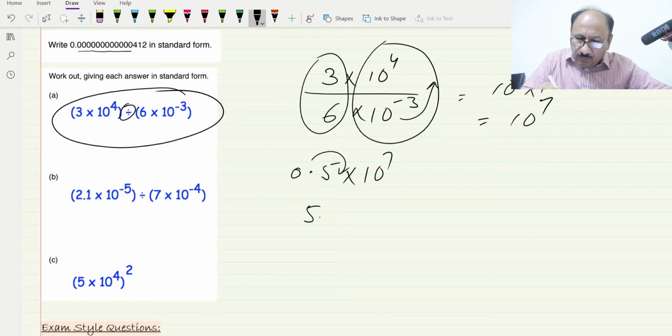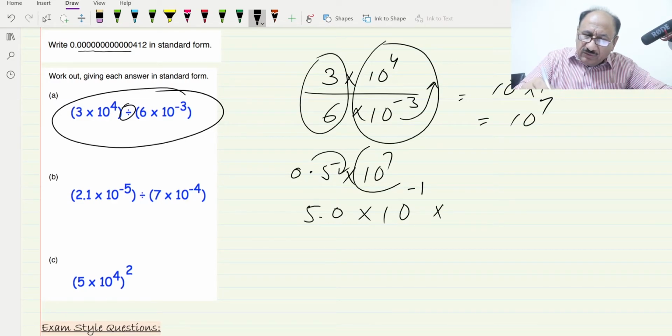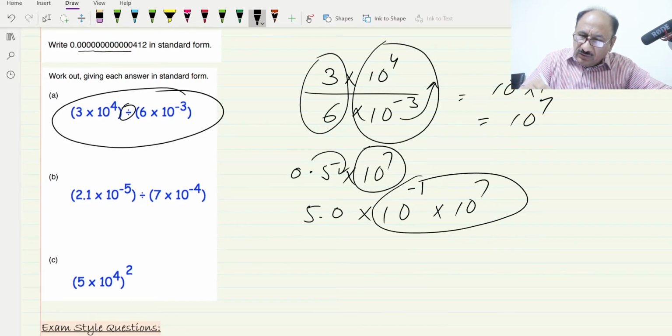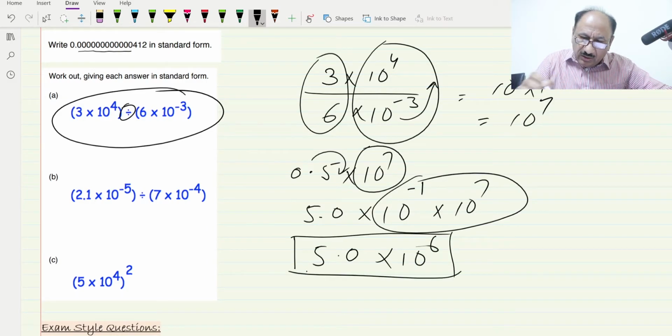So it will be 5.0 into 10 raised to minus 1, because we are shifting to the right, into 10 raised to 7. After simplification of these two, we can write 5.0 into 10 raised to 6, and this will be our final answer.